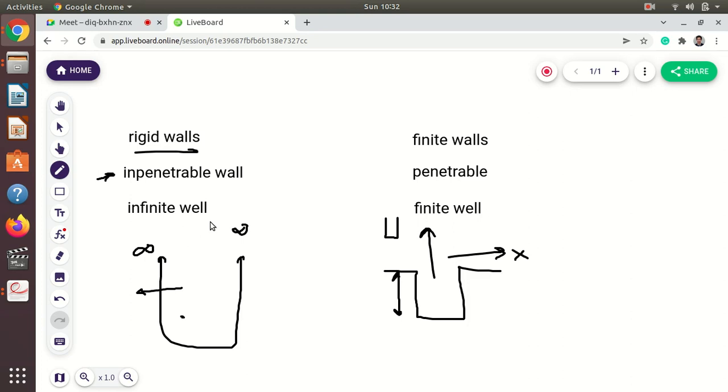So we will directly start to solve the infinite well. We have to find the wave function of a particle in this infinite square well, or rectangular well, as we also call it. What is the wave function of this particle, or there can be a number of particles here and there in the well. We also have to find the possible eigenvalues of energy.